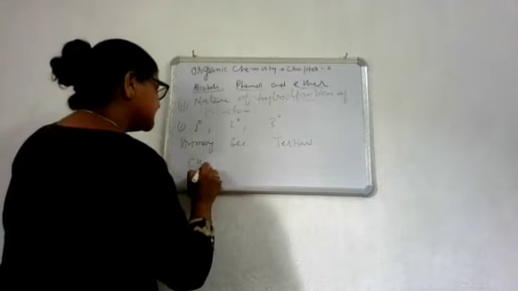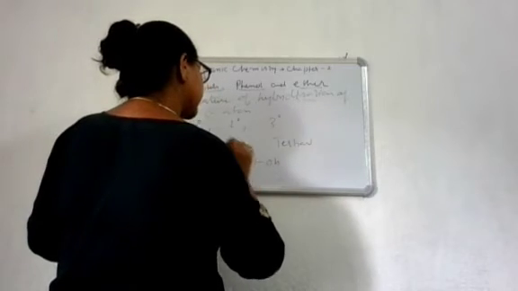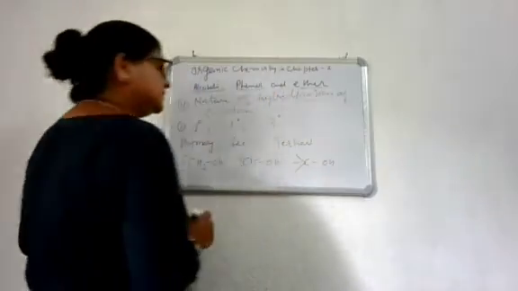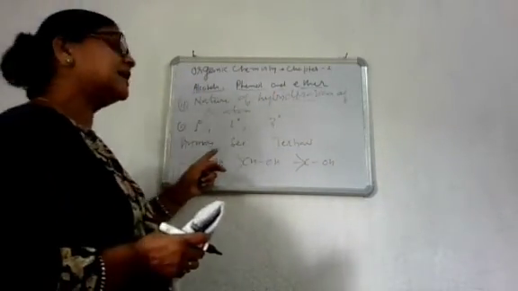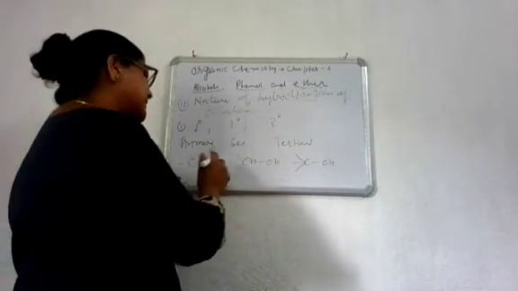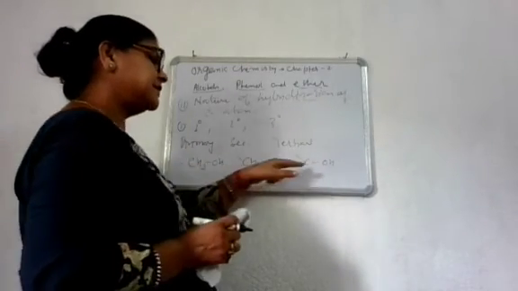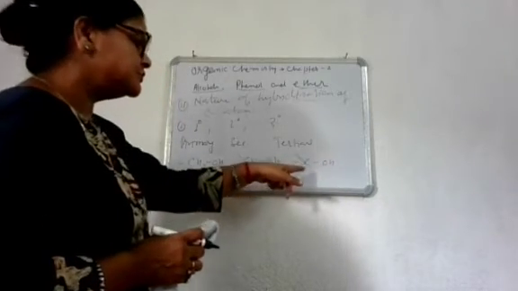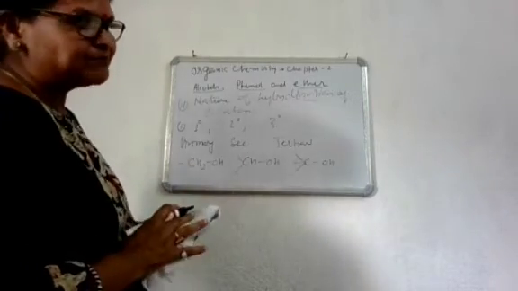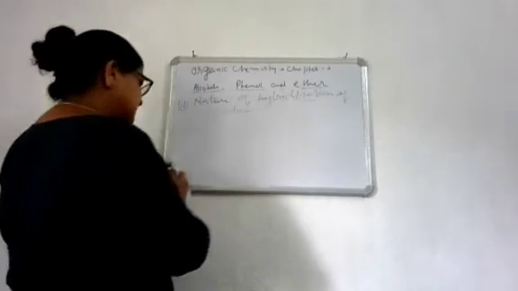That is CH2OH, CHOH and COH. In this classification, the carbon atom is sp3 hybridized, but the carbon to which the OH group is attached has two hydrogen atoms, one hydrogen atom, or no hydrogen atom. So it is 1 degree carbon, 2 degree carbon and 3 degree carbon: primary, secondary, tertiary.